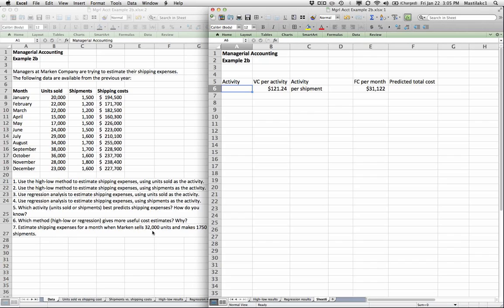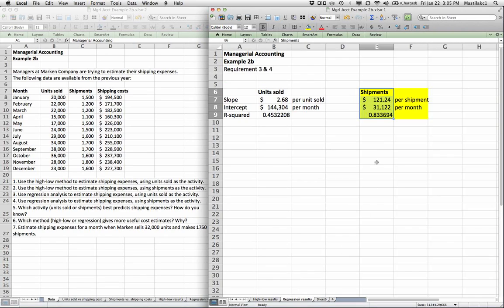Now you'll notice that I have both units and shipments data in requirement 7. That doesn't mean I have to use both of them in my predictive model. Remember that these are 2 separate independent models. Each of them is attempting to model shipping costs entirely on its own. So we don't have a combined model that uses both units sold and shipments. If you're going to use a multiple regression model, you can do that.